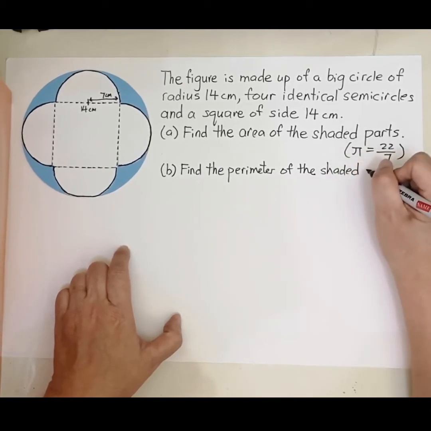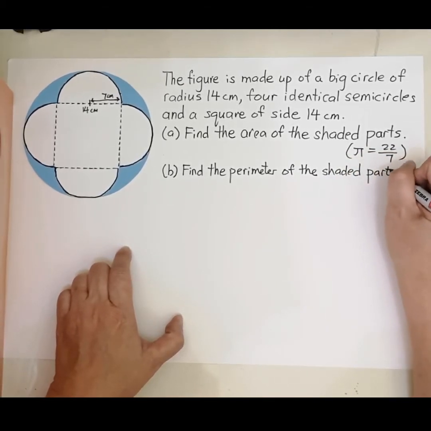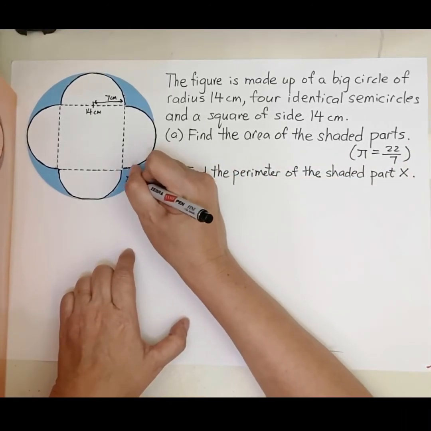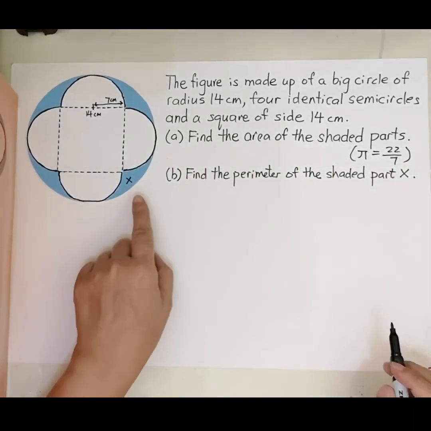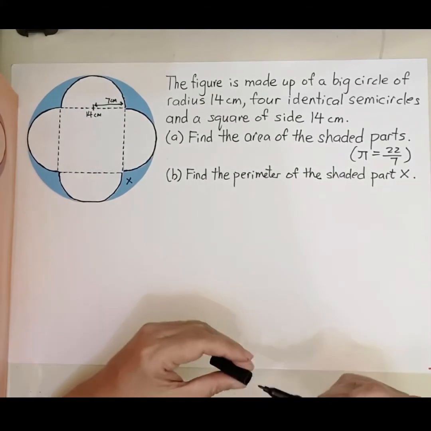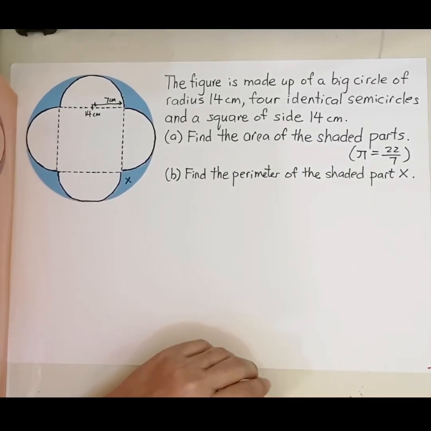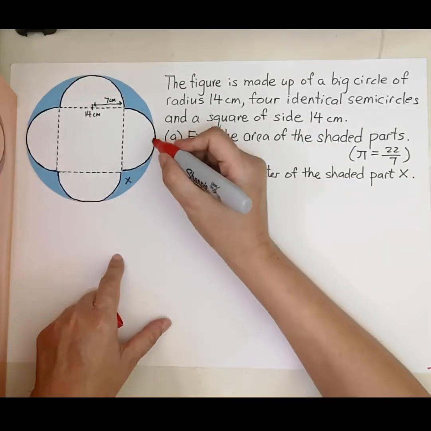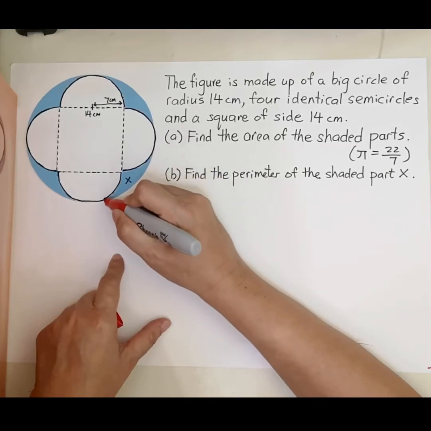Okay, just one of the shaded parts. Let's say X. So let's say X is here. And we need to find the perimeter of this shaded part X. Okay, perimeter tells us that it must be the outline. So we're going to trace the outline of this shaded part.